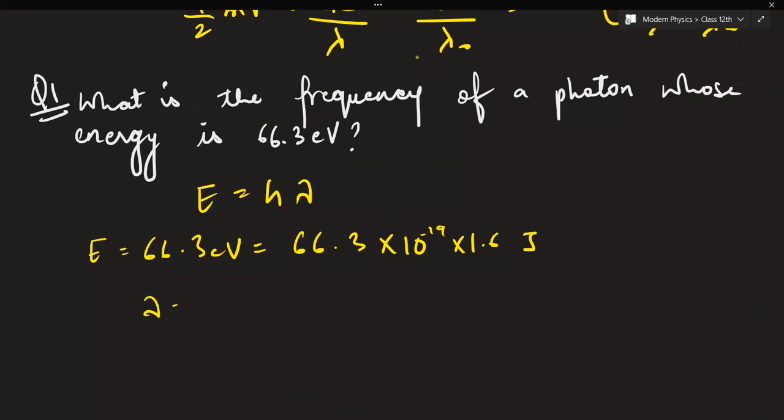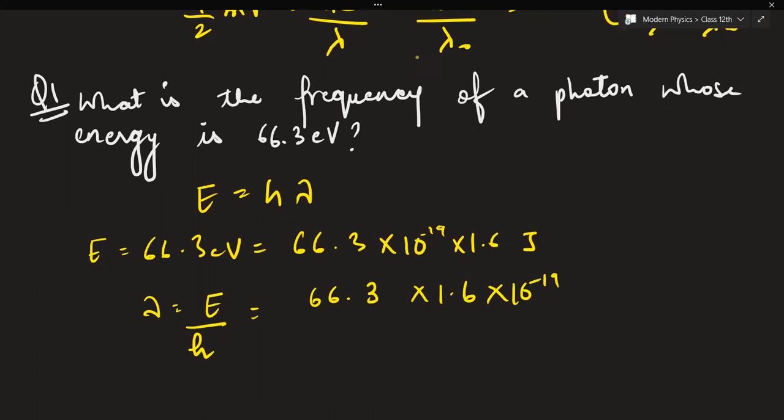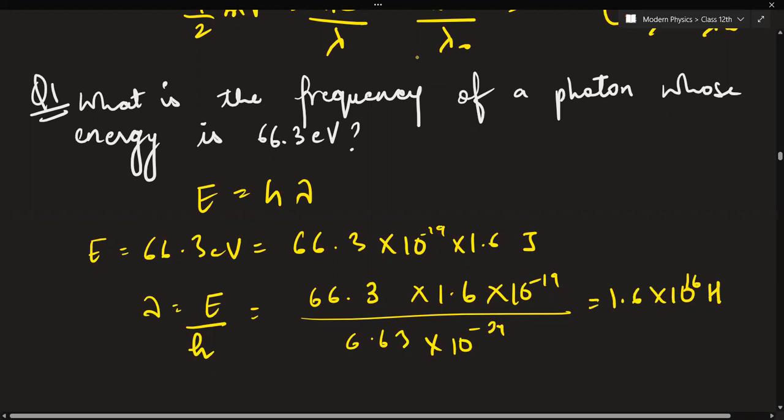Now frequency will be energy by Planck's constant. Energy is 66.3 into 1.6 into 10 to the power minus 19, Planck's constant is 6.63 into 10 to the power minus 34. So what will be the answer? This will be 1.6 into 10 to the power 16 hertz.